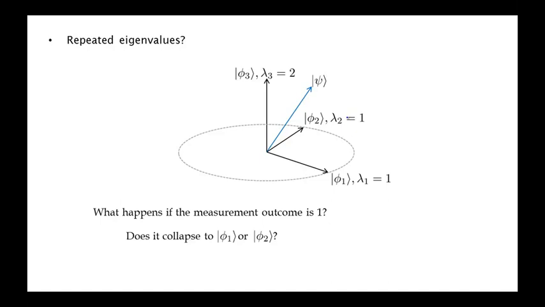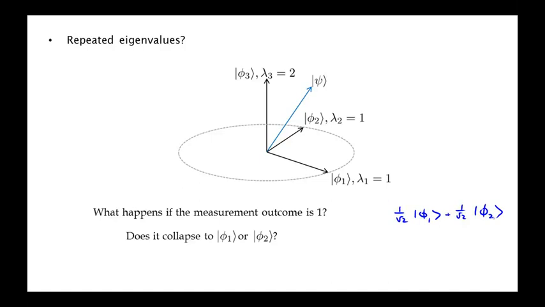You see, the spectral theorem really tells us that in the case that there are repeated eigenvalues like lambda 1 equal to lambda 2, then in fact you can find this orthonormal basis. Phi 1 and phi 2 are definitely eigenvectors, but actually any vector in the space spanned by phi 1 and phi 2 is also an eigenvector with eigenvalue 1. So for example, if you took 1 over square root 2 phi 1 plus 1 over square root 2 phi 2, you can check that this is also an eigenvector with eigenvalue exactly 1.